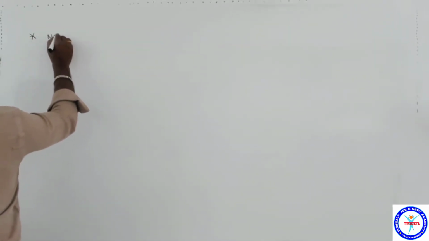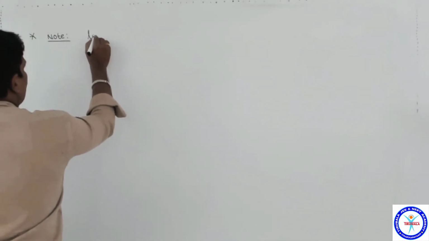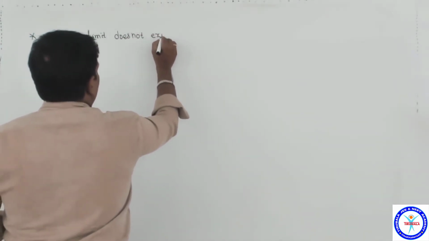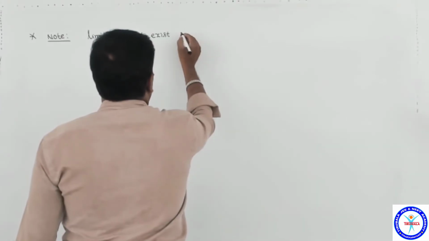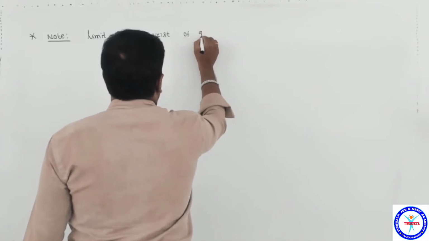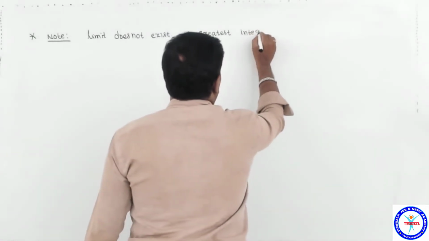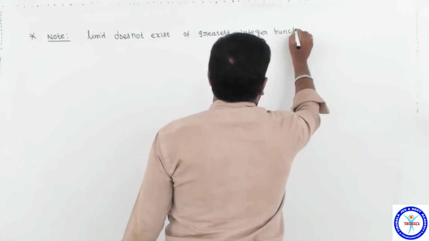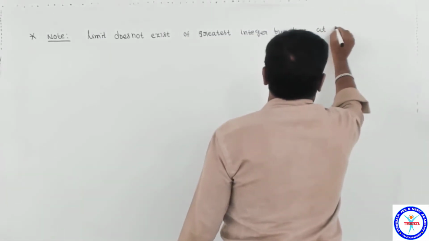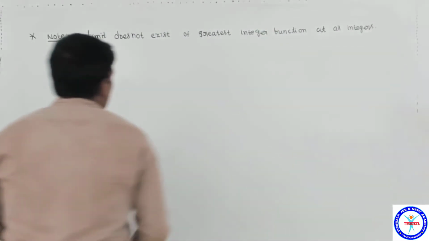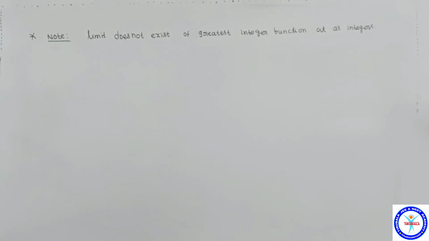So this is a note point: the limit does not exist of the greatest integer function at all integers.